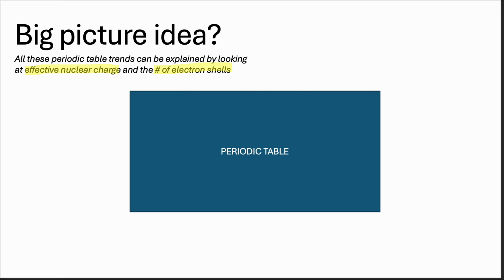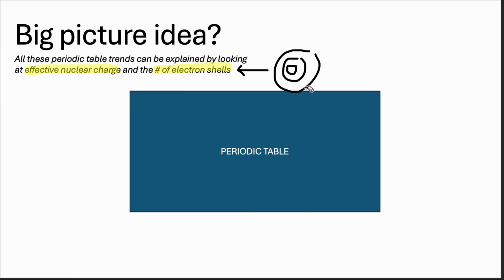So remember that effective nuclear charge is the net positive pull that the nucleus exerts on electrons. The net positive charge. Okay, so how much pull basically that the atom has. And then the number of electron shells is the number of rings. So when I draw my rings around my Bohr model, that is what I'm talking about.